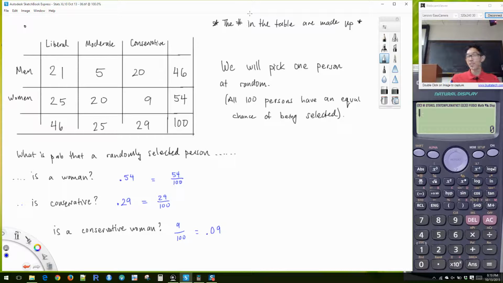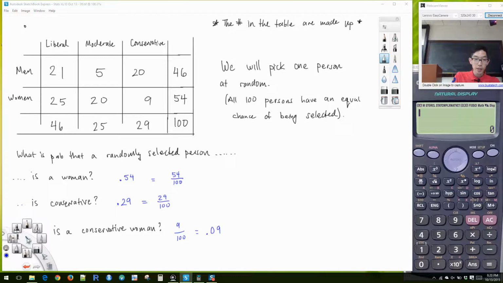Just demographically, it's very different than Los Angeles. So these are different questions, okay? What's implicit here is that the randomly selected person is from the group of 100, okay?